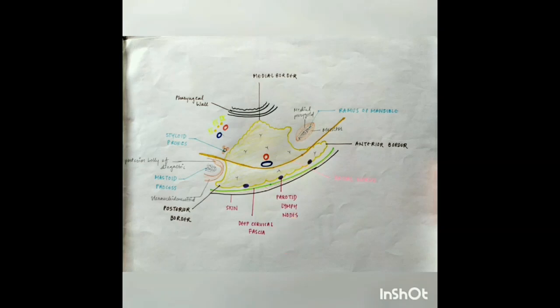Then the anteromedial surface is related to masseter, medial pterygoid, posterior border of the ramus, and lateral aspect of the TMJ. Then the posteromedial surface is related to the mastoid process, styloid process, sternocleidomastoid muscle and posterior belly of the digastric muscle.